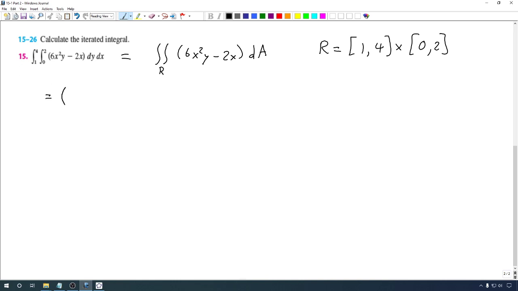So I'm going to leave the integral dx with the integral from 1 to 4. I'm just going to leave that alone for now, and I'm going to work with the inside. The inside, the integral from 0 to 2 of this function dy, I'm going to look at what is the antiderivative of this. Think in terms of partial derivatives.